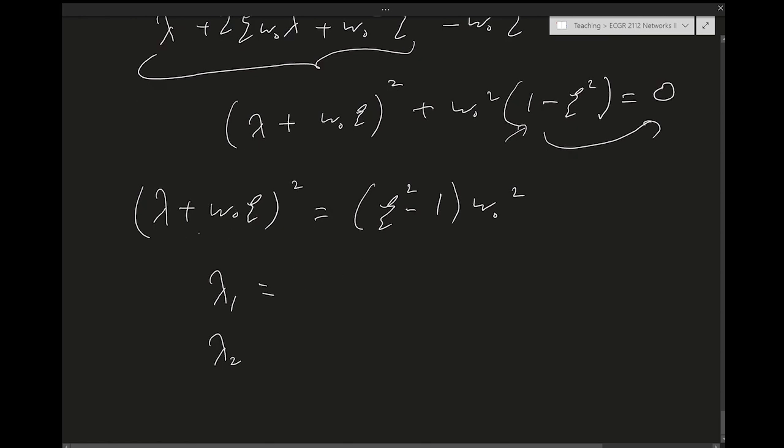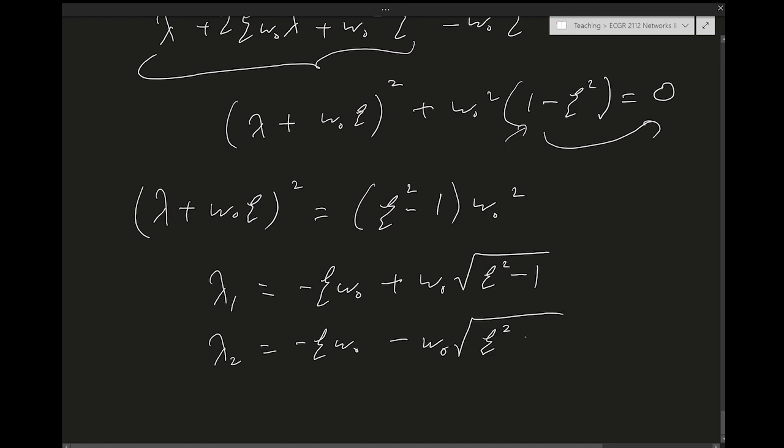So after I take the square root, I end up with zeta omega naught, which I can take to the other side, so I end up with minus zeta omega naught, and then the positive square root, which is omega naught times the square root of zeta squared minus 1. The other solution is going to be the negative square root, with the same real part. Both the negative square root and the positive square root, when you square them, give you this value. It doesn't matter.